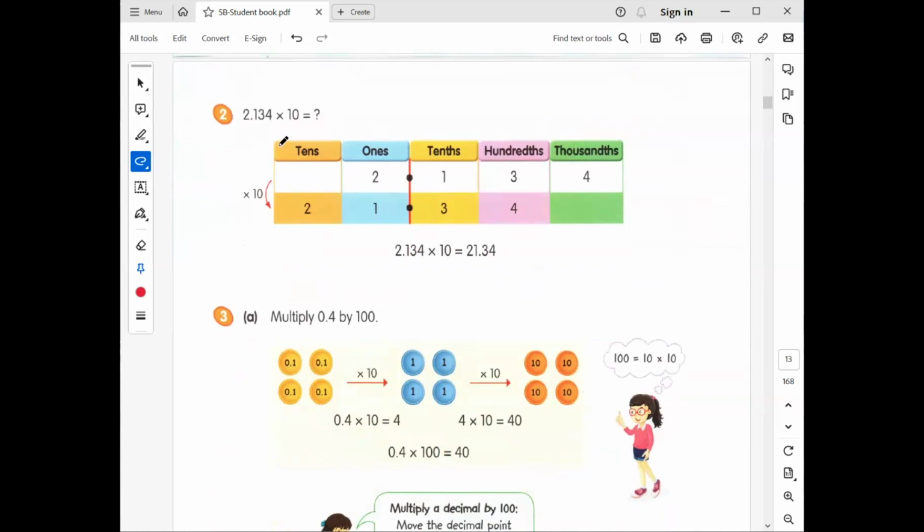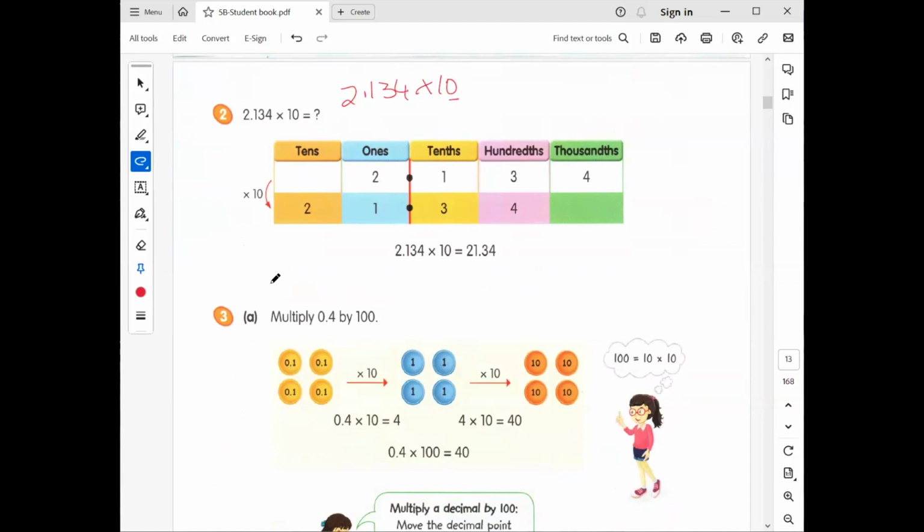Now, if you see 2.134 times 10. Now, where is our decimal going to come? Can you show me after what number? Can you show me with your fingers? Where is the decimal going to come, after what number?